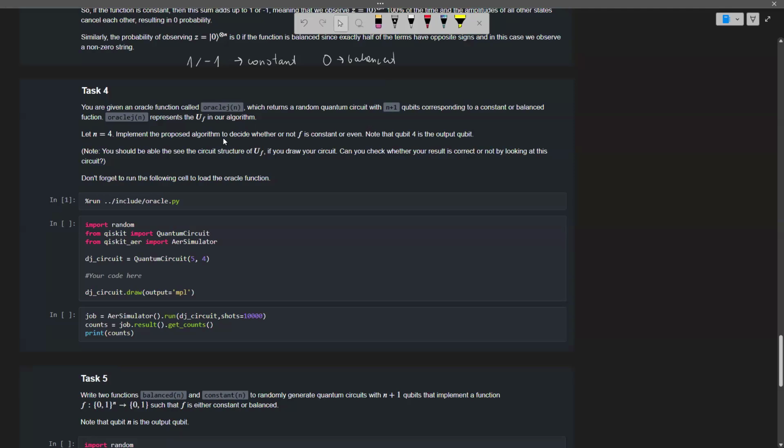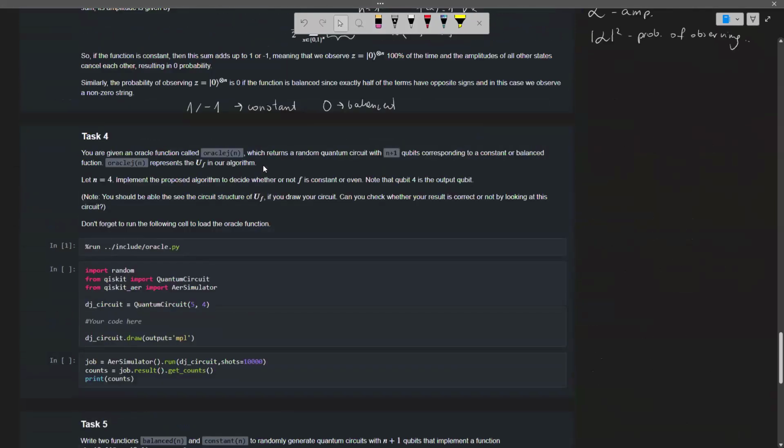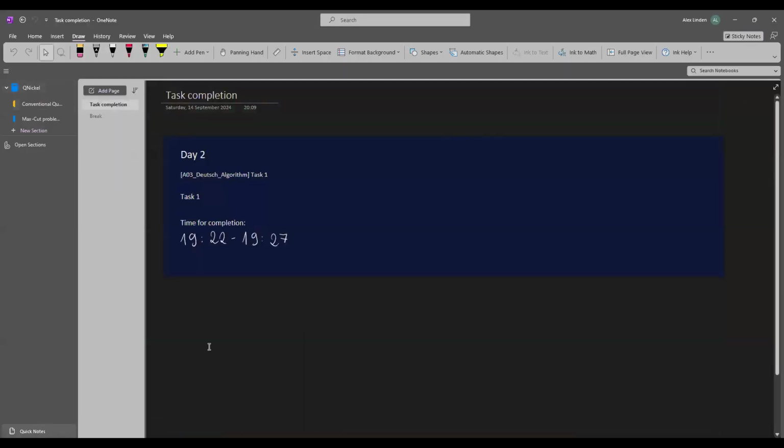UF is oracle j of n. And the problem is that we have n equal 4, and we want to implement the algorithm that we just saw and analyzed. We'll have 5 minutes for it. But then again, if you need more time, we'll definitely have it.